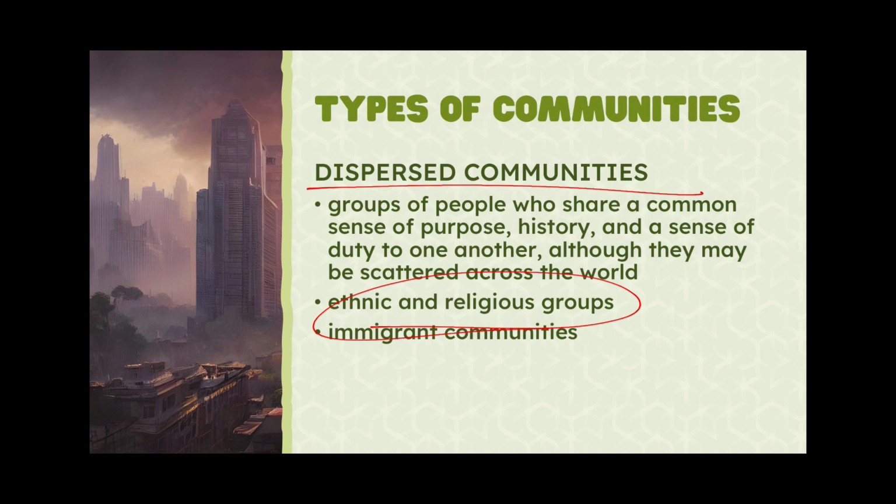And of course, you have migrant indigenous peoples migrating from the province to the capital, right? And then of course you have religious groups, and you have immigrant communities such as the OFWs elsewhere.